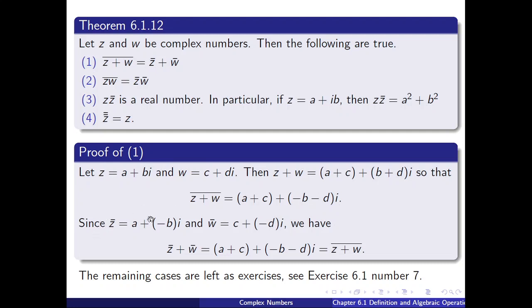But since the conjugate of z is a plus minus bi and the conjugate of w is c plus minus di, if we add these two, the conjugate of z plus the conjugate of w, we will get a plus minus bi plus c plus minus di, and then if we take the real parts and the imaginary parts, we get something like that.